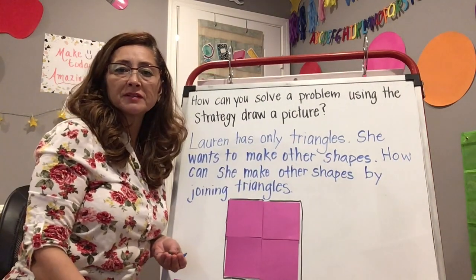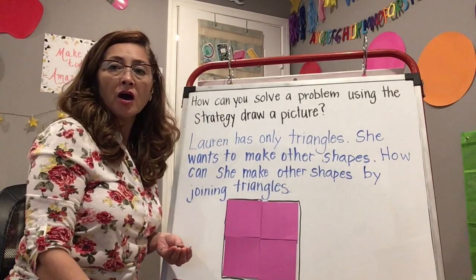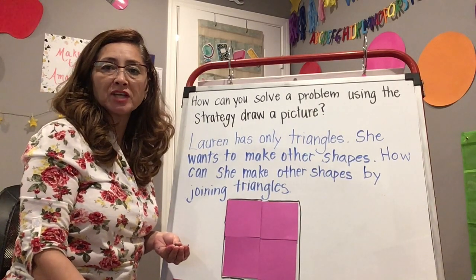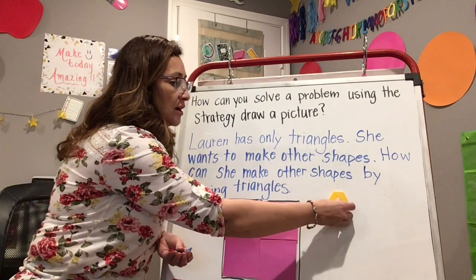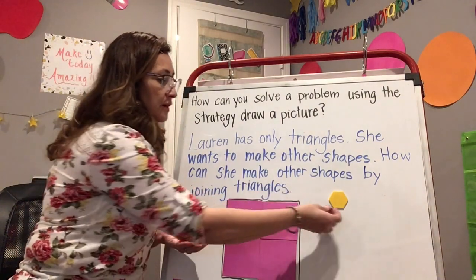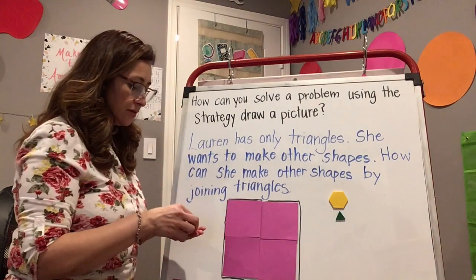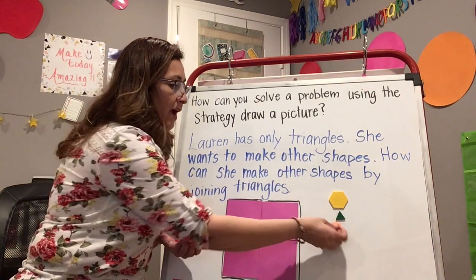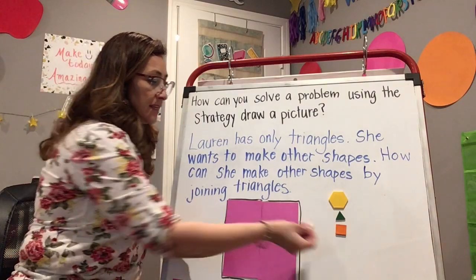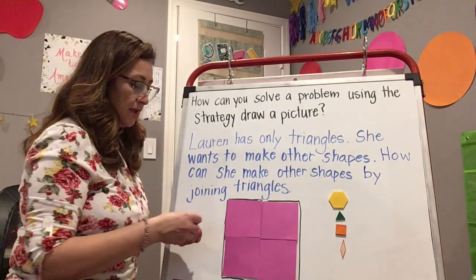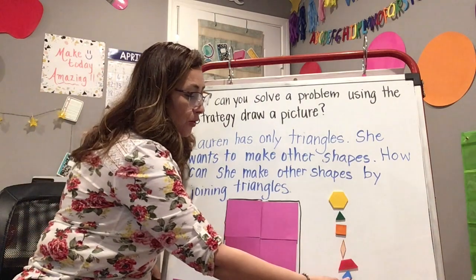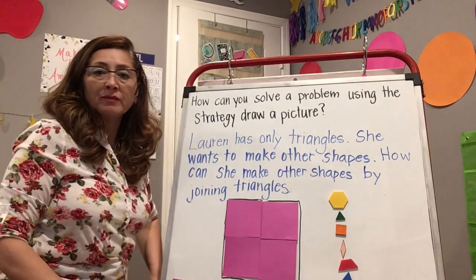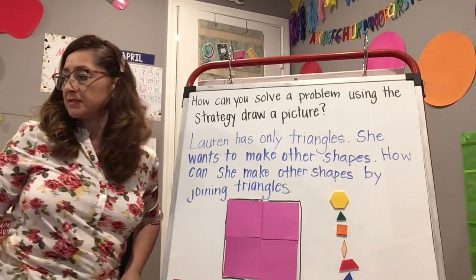Now remember, boys and girls, you'll be able to use all of the pattern block shapes that you learned today: the hexagon, the triangle, the square, the skinny rhombus, the trapezoid, and the rhombus to make different shapes.